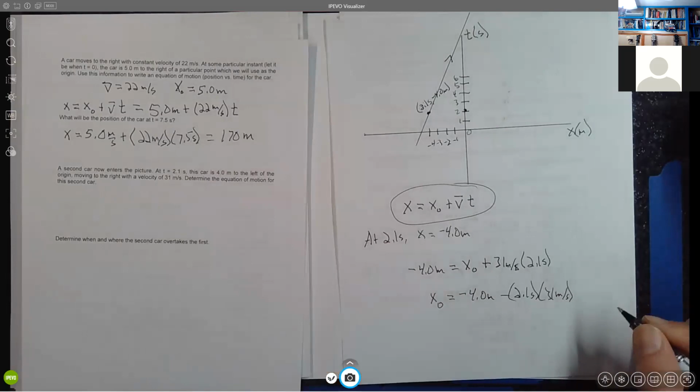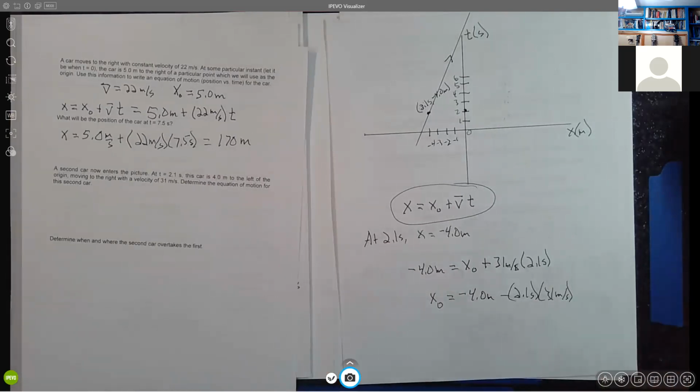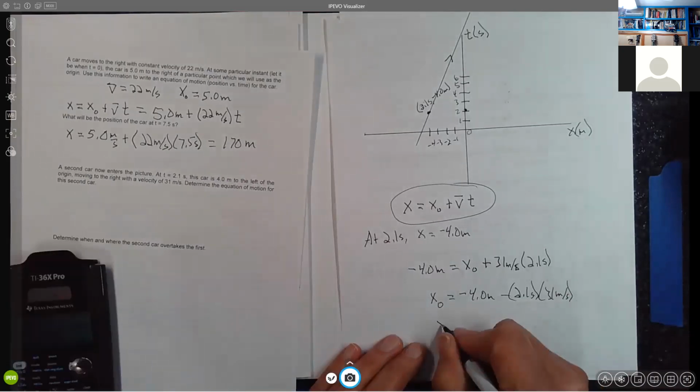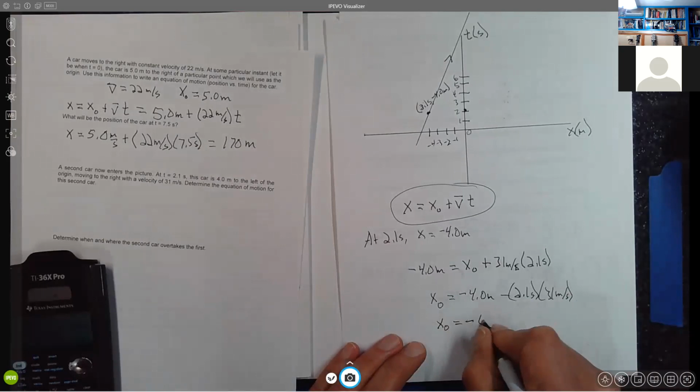Okay, I didn't make my graph look correct at all, but that's all right. Yeah, it's going to be way back there. -4 minus 2.1 times 31. Then I get minus 69 meters.